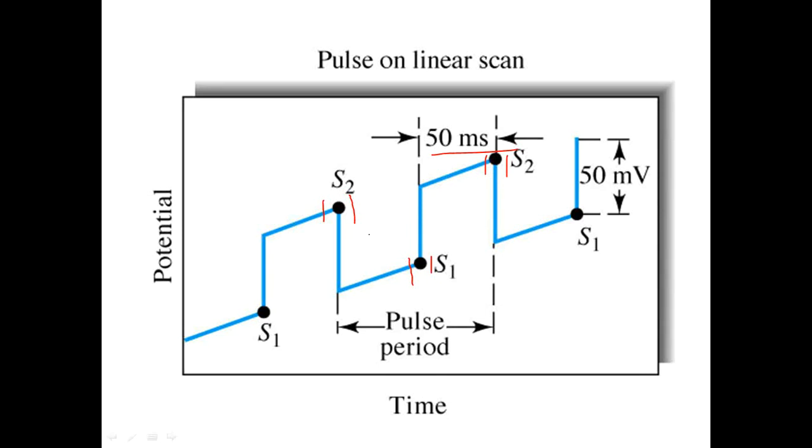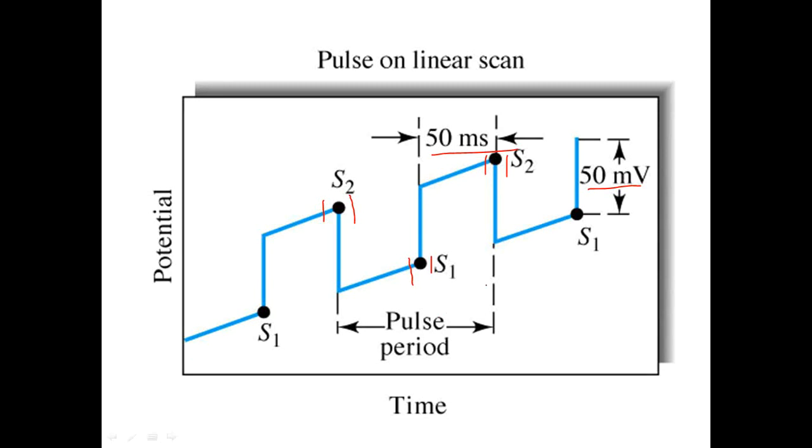The pulse amplitude of the applied voltage is around 50 millivolts here. So this is a 50 millivolt pulse amplitude, constantly applied onto the drop.